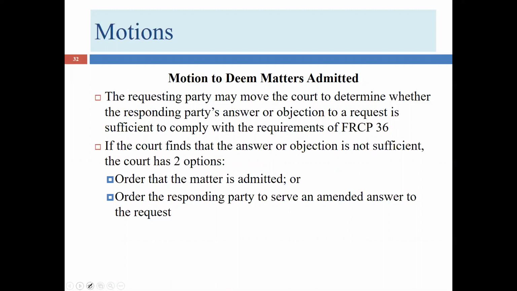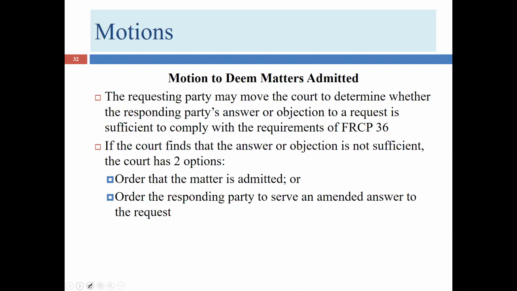So let's say that the responder has admitted portions and denied portions of a statement, and you want to use that as an admission, but you want the court to determine whether that answer or that objection is sufficient to comply with the terms of the Federal Rule of Civil Procedure.